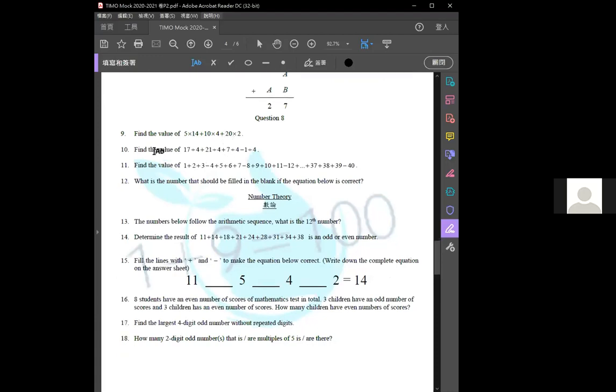So for question 10, similarly, they are just testing your skills to find out how to divide numbers. And then you might think that we don't know how to divide, like 17 divided by 4.